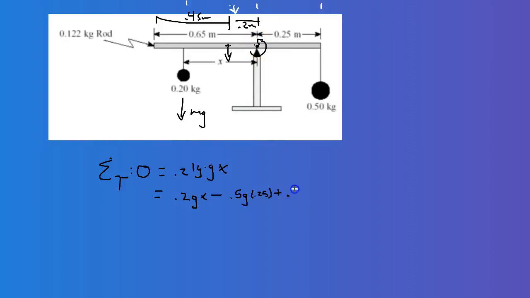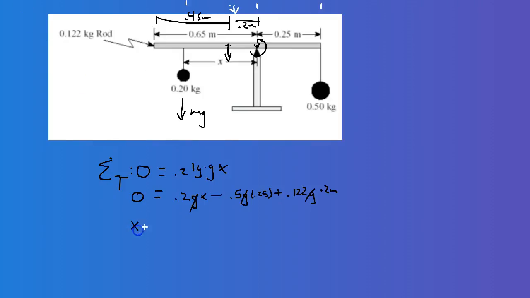So 0.122 kilograms times g for gravity times 0.2 meters away, and all of that adds up to be equal to 0. Now we can just solve this equation. You can see the g's are going to drop out of the equation, and we're solving here for x.